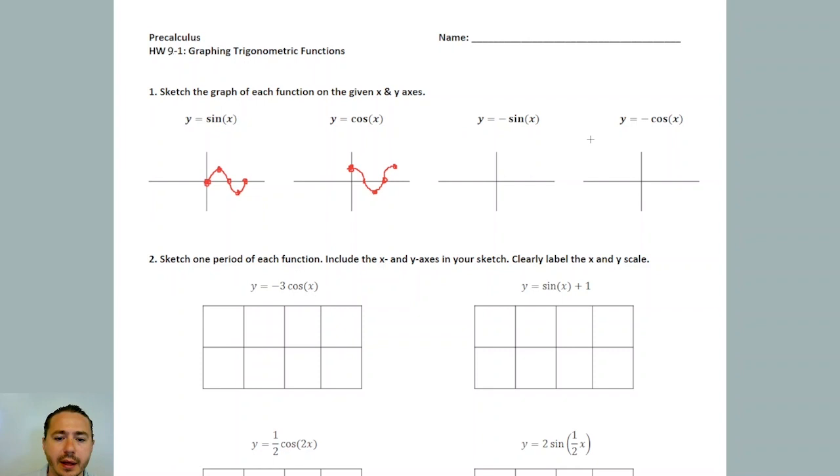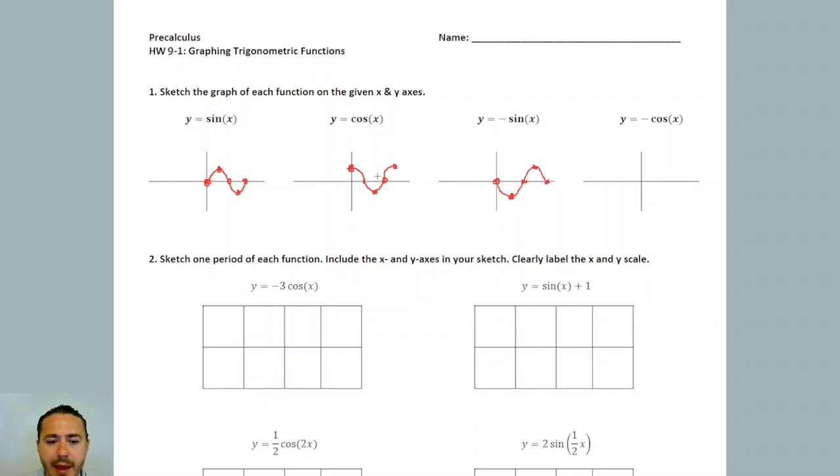So anyway, we're going to take this exact same sine graph over here and just flip it. So instead of going up, we're going to go down at first. So we're going to go down, come back up, and do something like that, with these being our 5 key points. Same kind of deal with cosine.